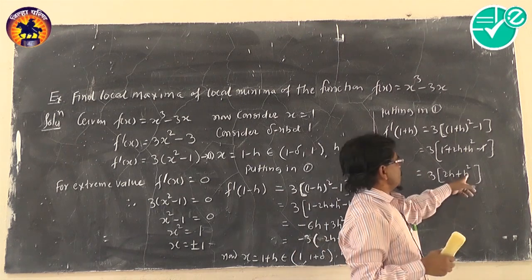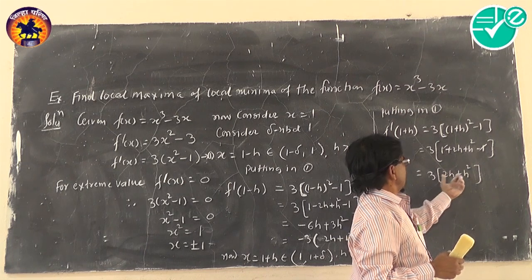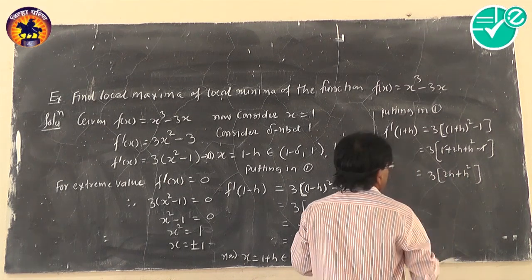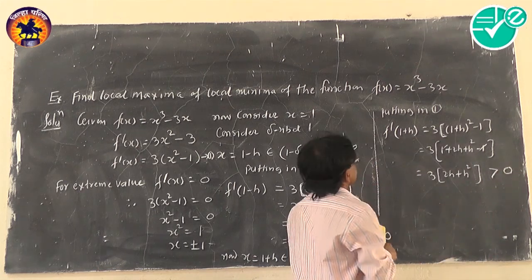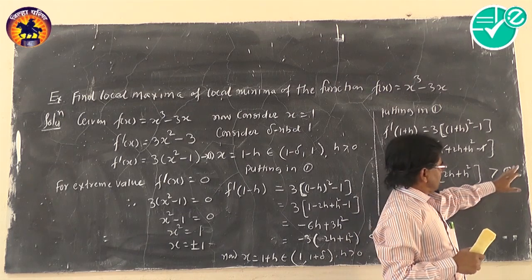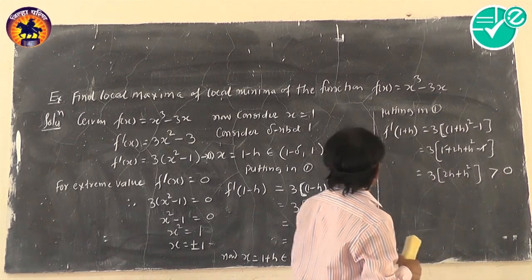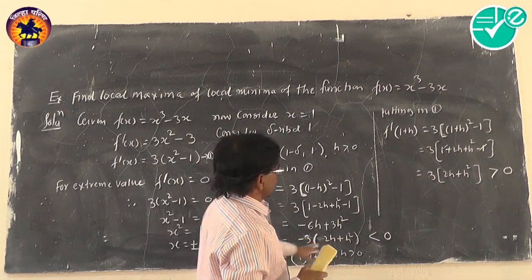Now this h square is positive, h is positive and 2h is positive, this addition is positive, and multiplication by 3 is again positive. This is greater than 0, which means at the right side of 1 the derivative is positive, and at the left side of 1 it is negative.